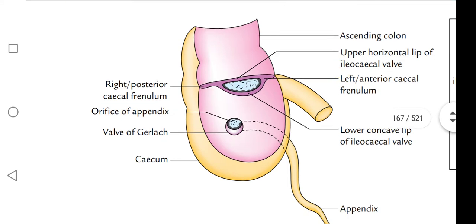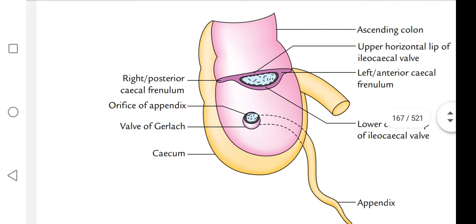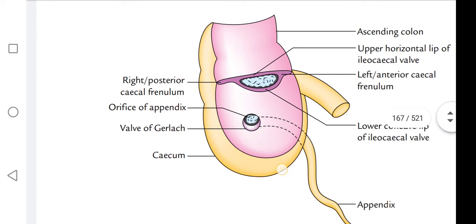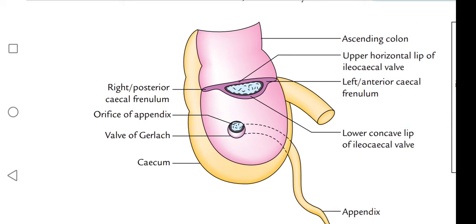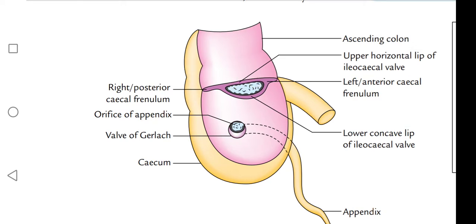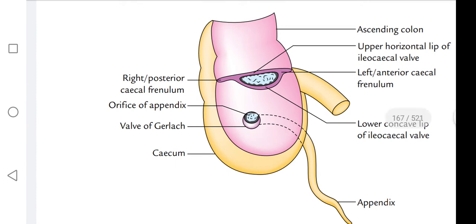Once again, this is the ascending colon, this is the ileum, and this is the cecum. This is the upper lip, which is horizontal and smaller. This is the lower lip, which is concave upwards and larger.